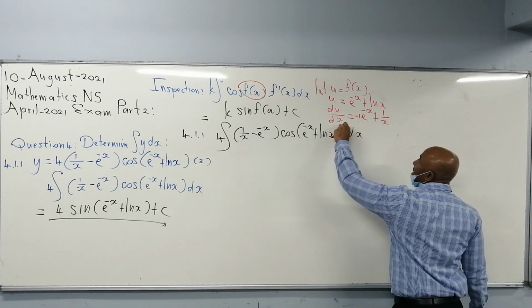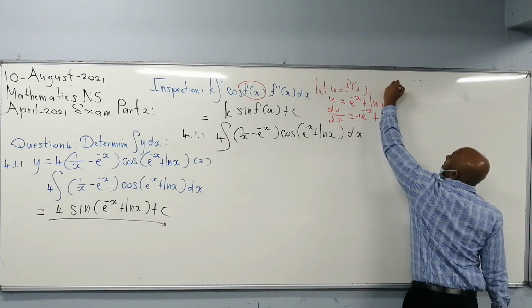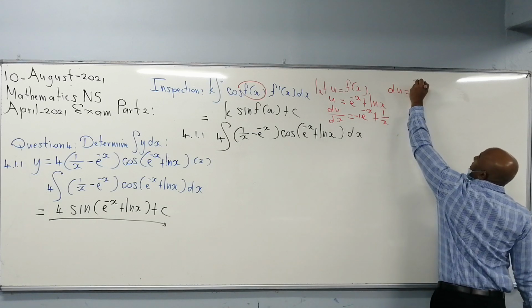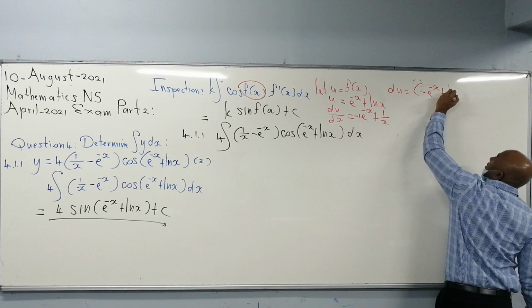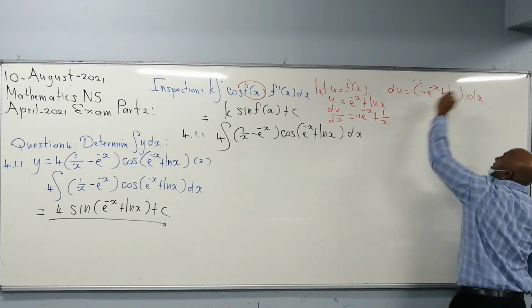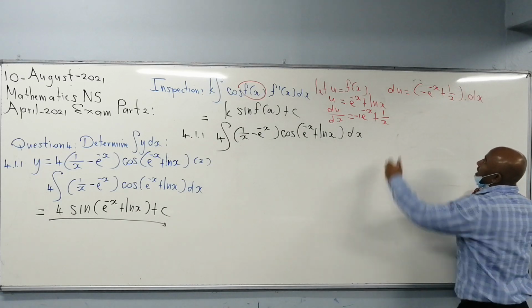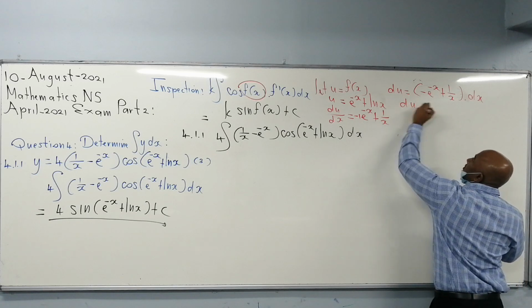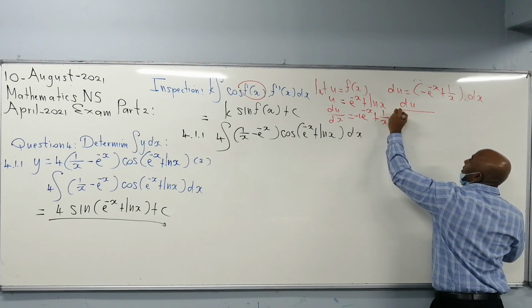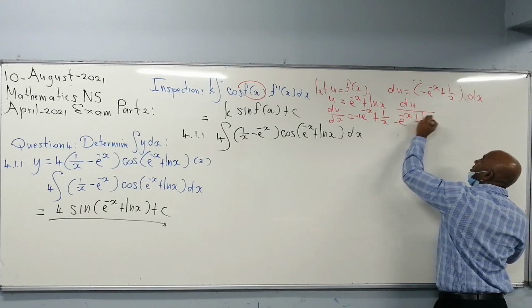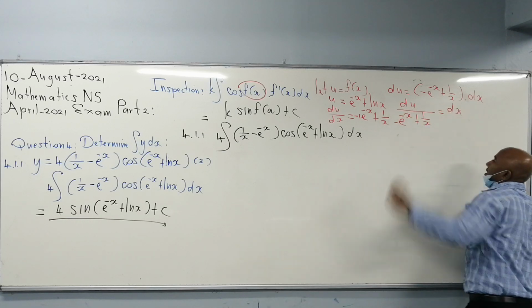Now I need to make dx the subject of the formula, so du is going to equal my minus e to the power minus x plus 1 over x times dx. Make dx the subject, so that's going to be du all divided by minus e to the power minus x plus 1 over x. So that's our U substitution.